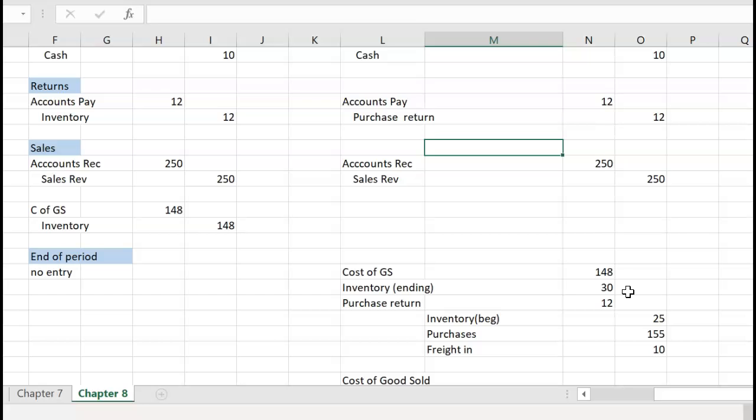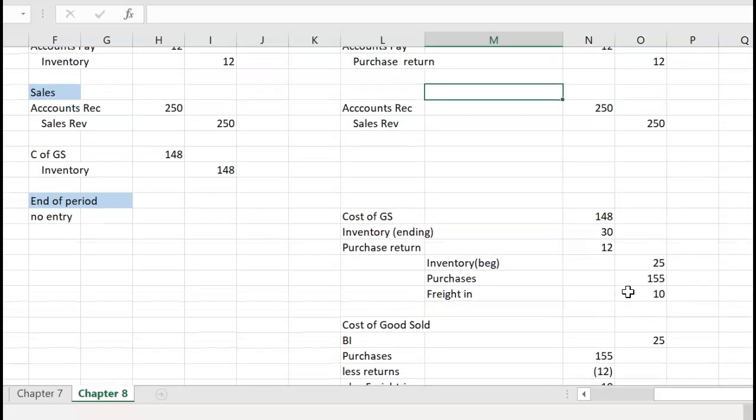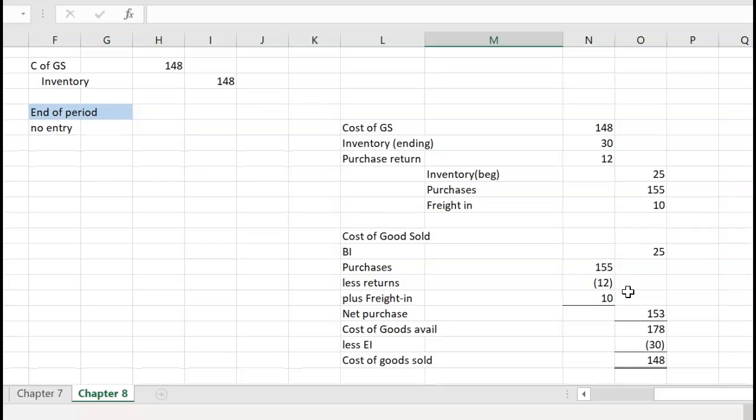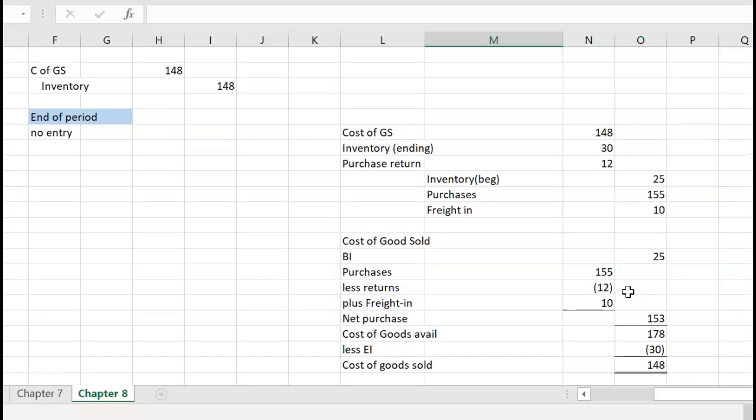Now, we do the journal entry, and then after doing the journal entry, we then actually do the cost of goods sold section of the income statement. Beginning inventory is $25,000. The purchases were $155,000 less the returns of $12,000 plus freight in of $10,000.